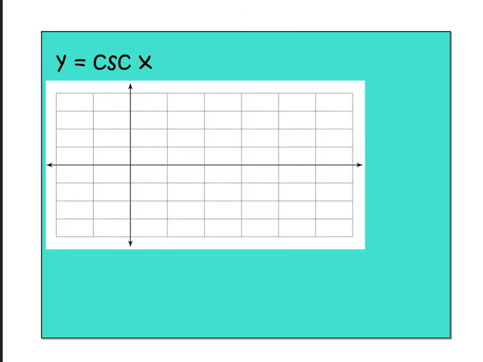Okay, similar process to do cosecant. If you recognize that cosecant is really just 1 over the sine of x, let's graph the sine of x first, and then we will just follow. It's very similar. So sine of x, 1, 2, 3, 4. We get our standard 2 pi period here.